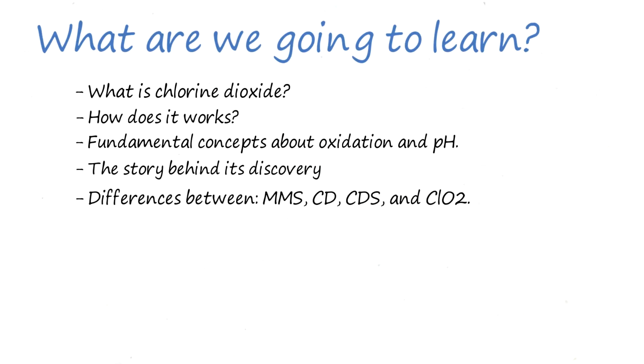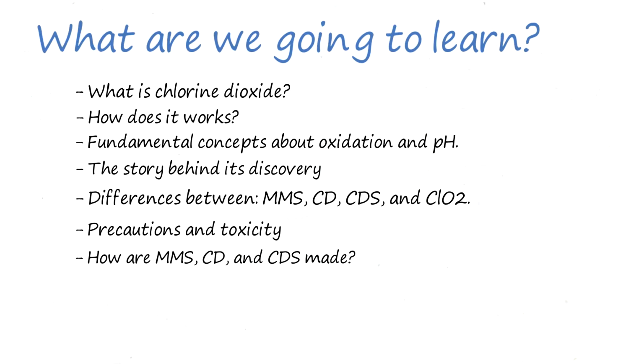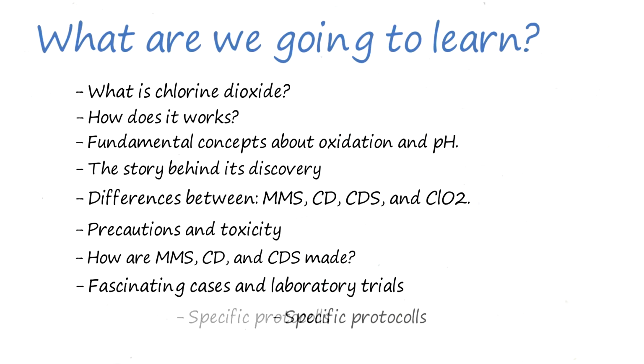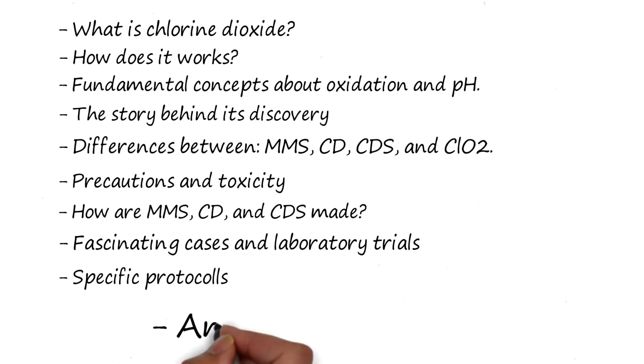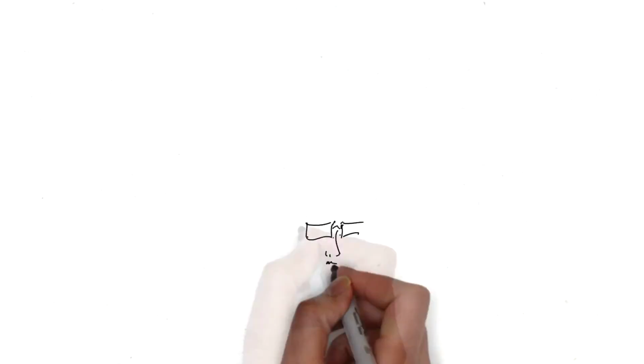We will cover the difference between products, MMS, CD, CDS and chlorine dioxide itself, the precautions, toxicity and things to keep in mind when handling the substance, how MMS, CD and CDS are made, and fascinating cases and laboratory trials we have concluded. And in these annexes you will have the complementary information, videos, testimonials and other things.